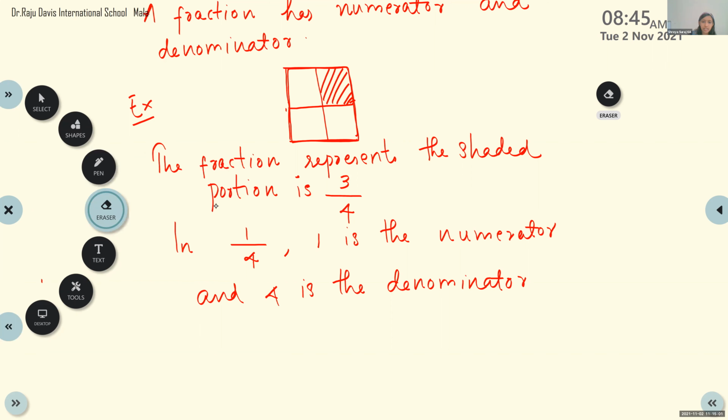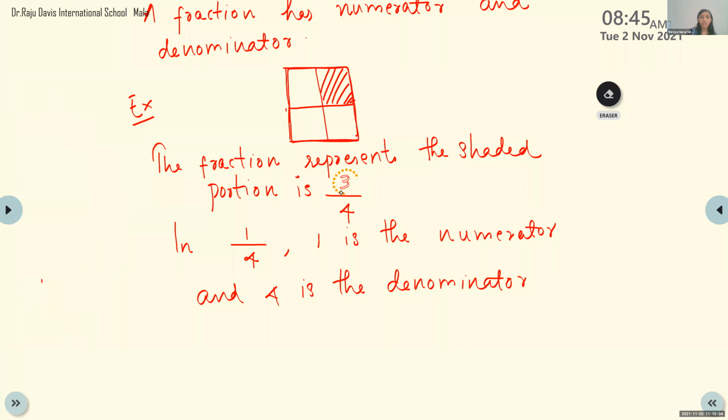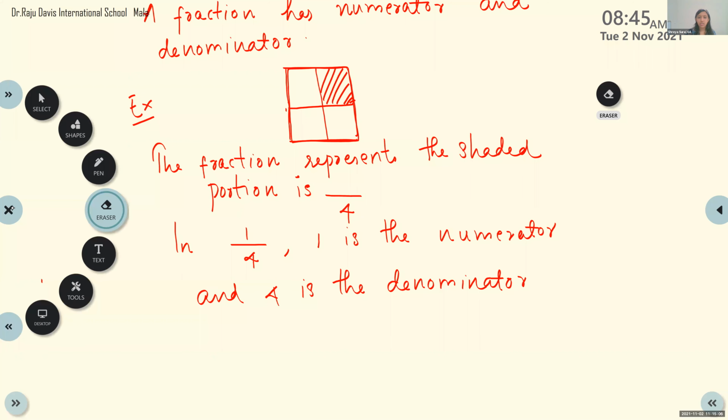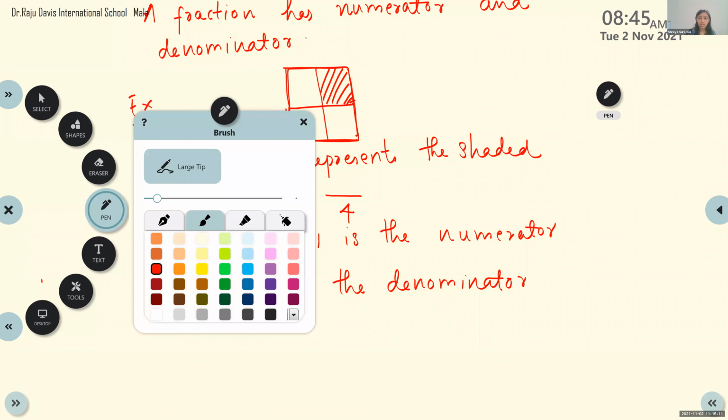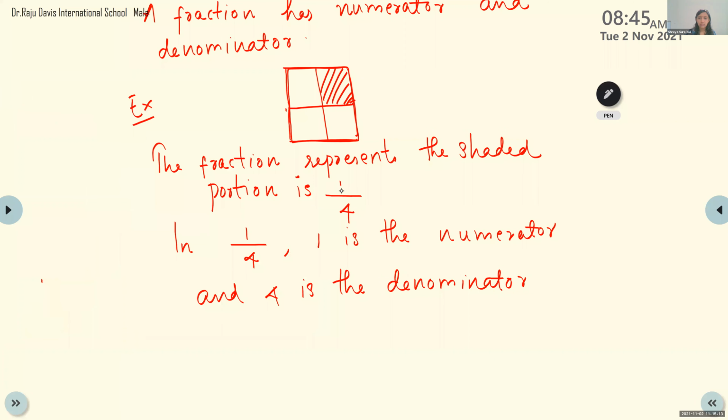Ma'am, is there any "s" in the word represent after the word fraction? Represents. Yes, ma'am. That's a yes.